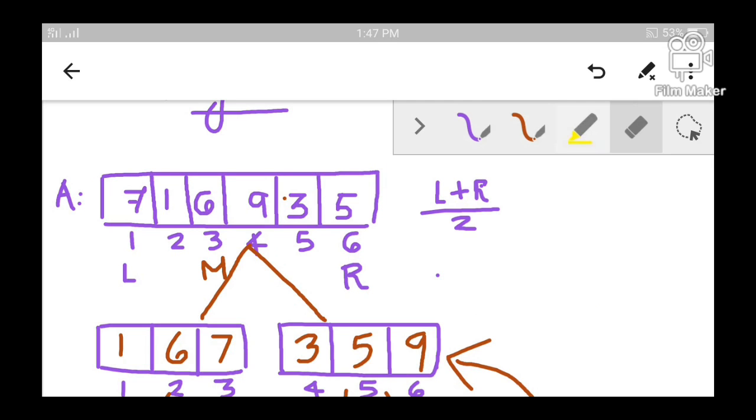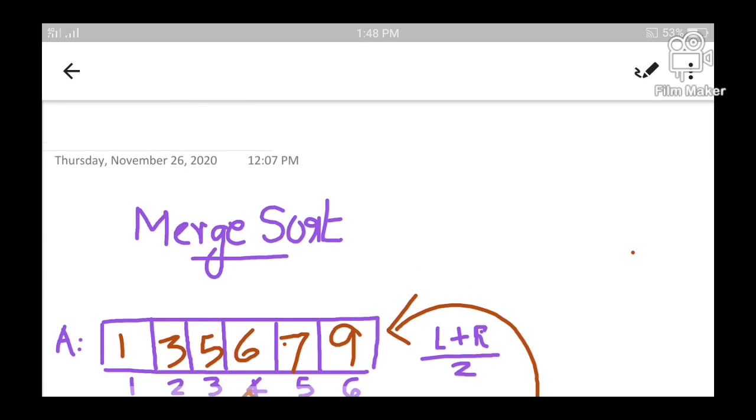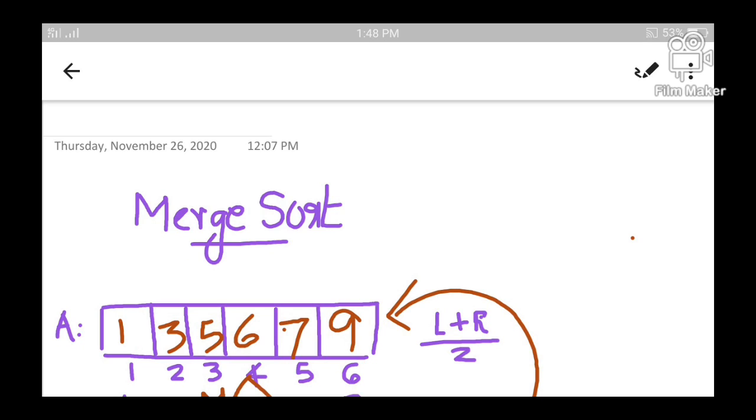So after the merging operation, we will get the elements as 1, 3, 5, 6, 7 and 9. So in this way, we moved from this level to this level. Finally, we are at the starting stage again.